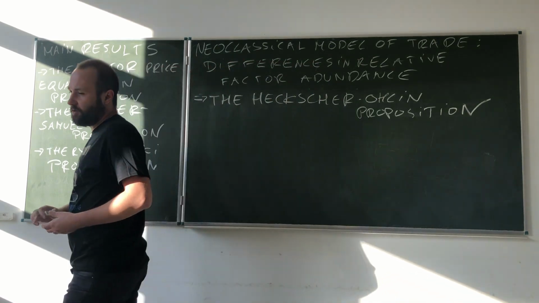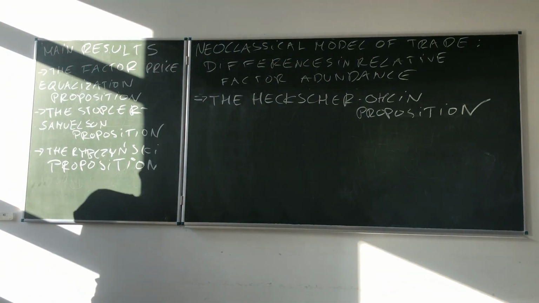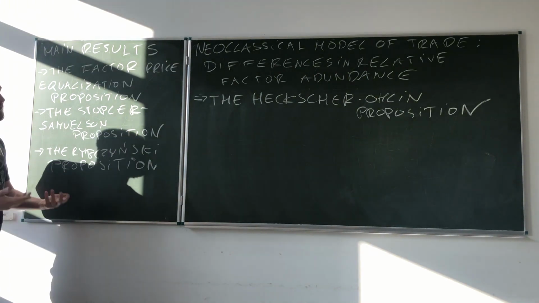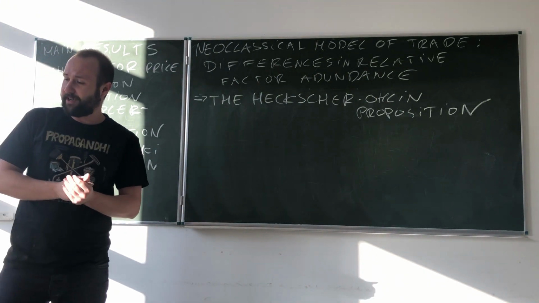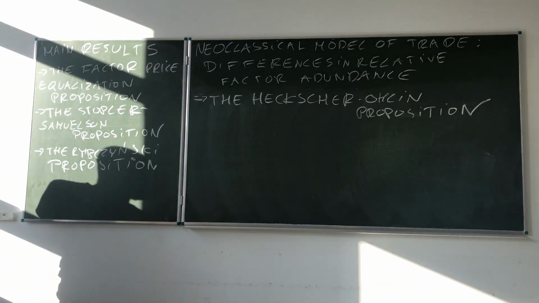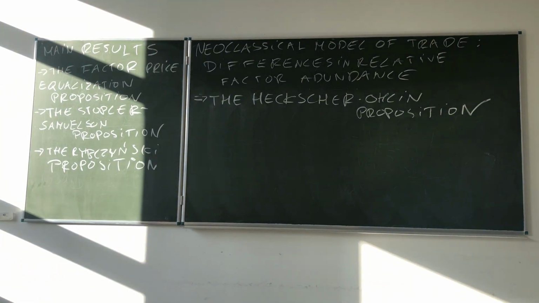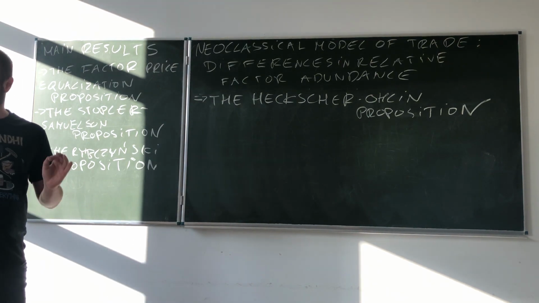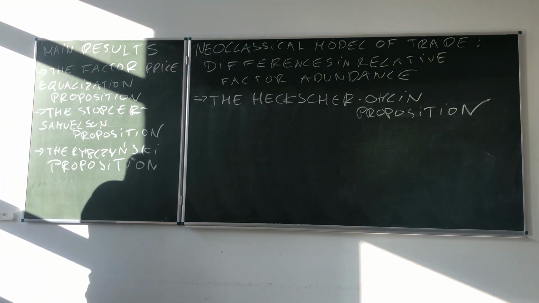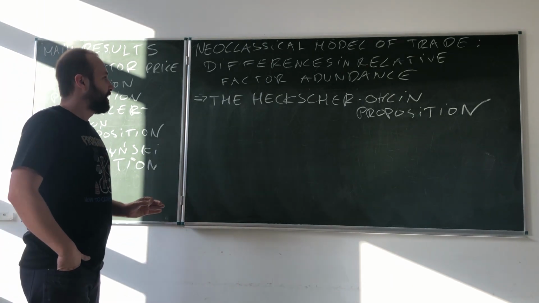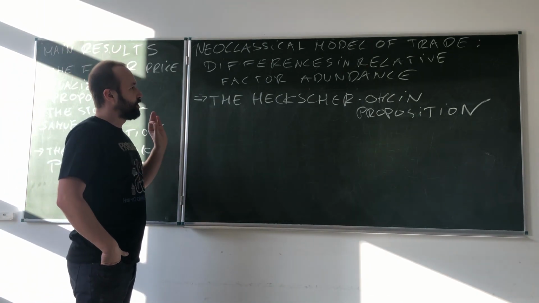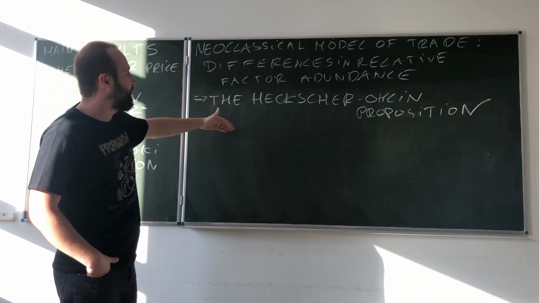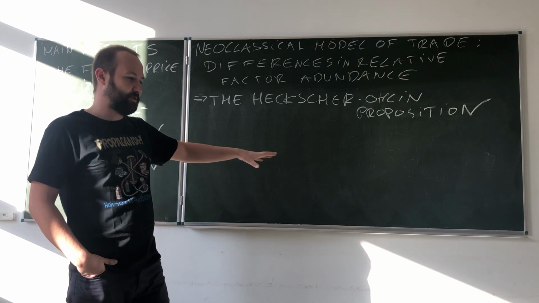The Heckscher-Ohlin proposition is the key result from the neoclassical model of trade, and it basically states that a country will export the good that intensively uses the factor of production that is relatively abundant in this country.